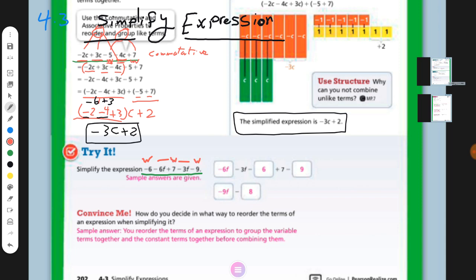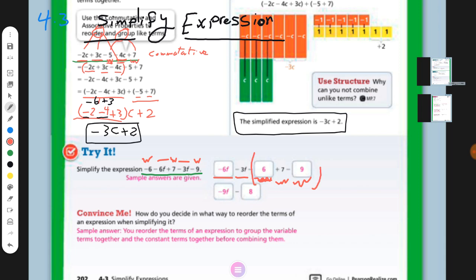Let's use the commutative property to collect f's together. Okay, the f's here will be negative 3f and negative 6f. Okay, and the numbers are negative 6, the zigzag, plus 7 minus 9. Let's combine them, okay, and calculate each group. This is the first group, this is the second group, okay.